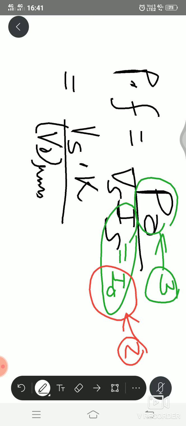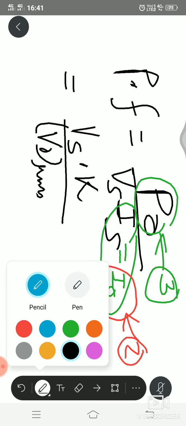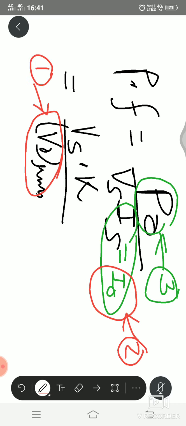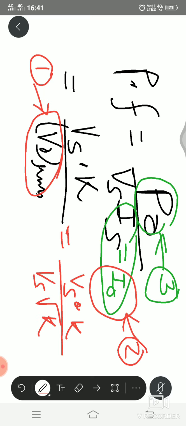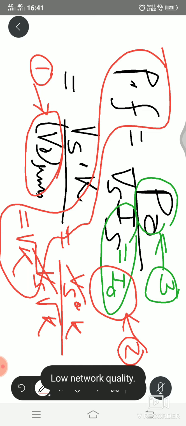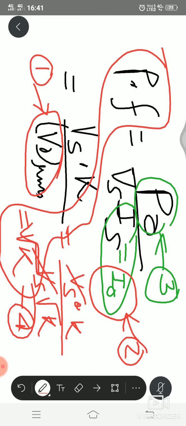Now for V0 RMS, you have to substitute equation number 1: V0 RMS is equal to Vs square root of k. So Vs gets cancelled, and finally it becomes square root of k. This is the final equation, equation number 4: power factor equals square root of k.